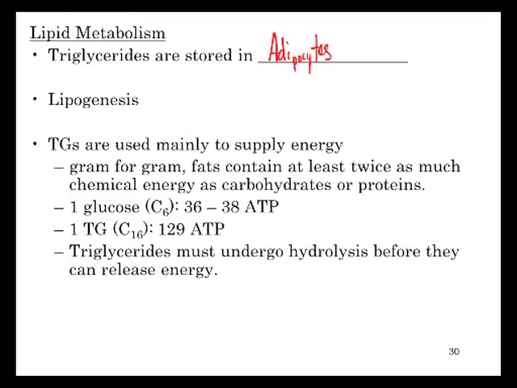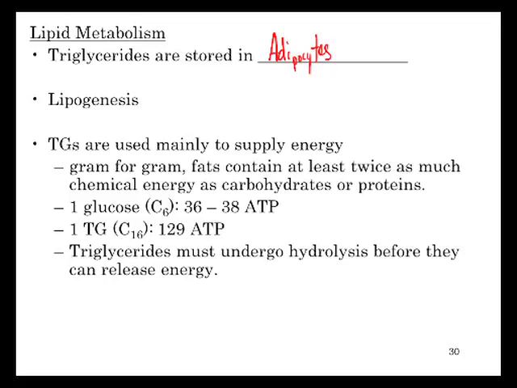Now, the process of producing lipids is called lipogenesis. Glucose 6-phosphate can enter into the lipogenesis cycle. Now, triglycerides are used as an energy source. In fact, gram for gram, they produce quite a bit more energy than glucose would.